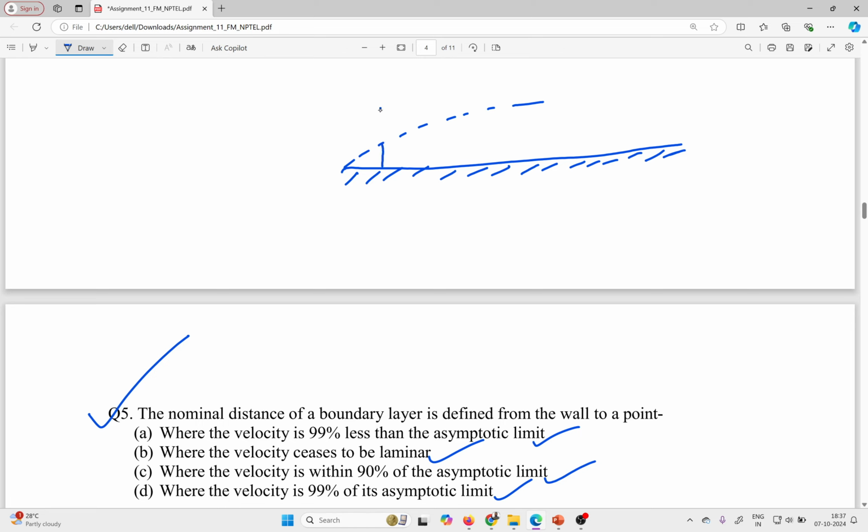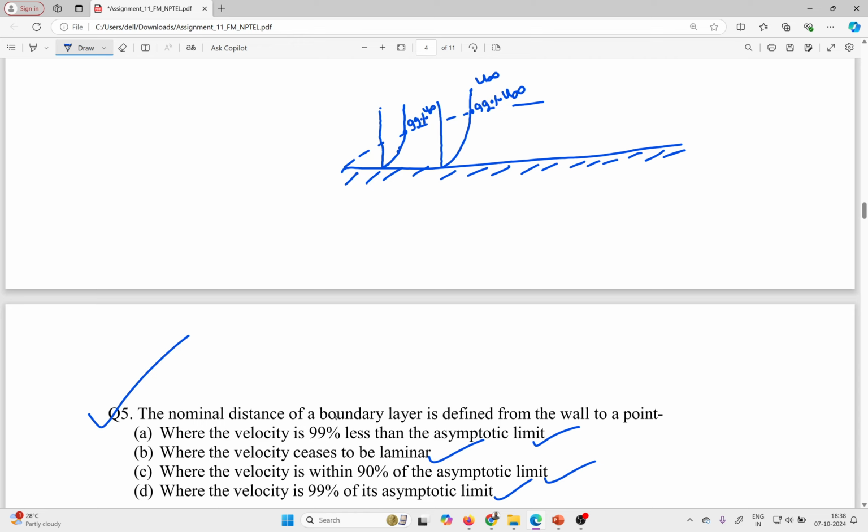If this is the y direction, your velocity will be like that, then after that it will not vary much. The free stream velocity is denoted by u infinity, so this is 99% of u infinity.